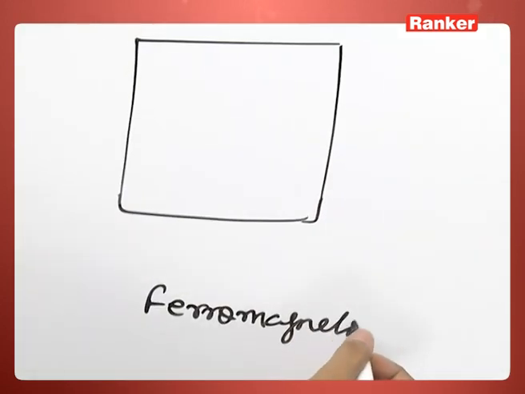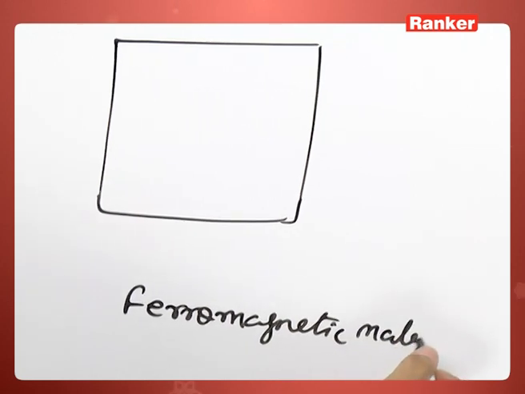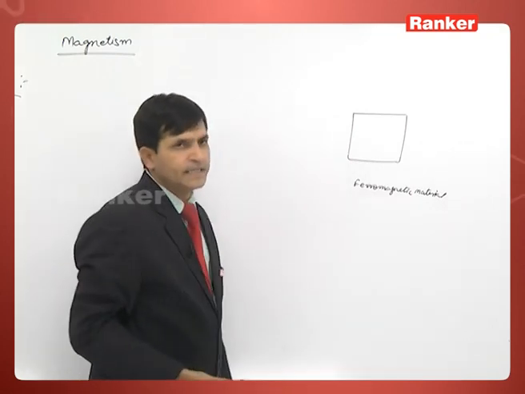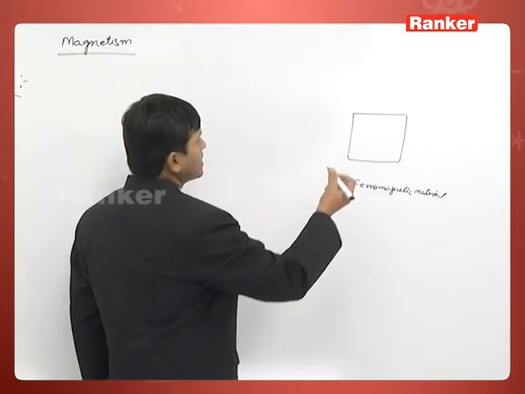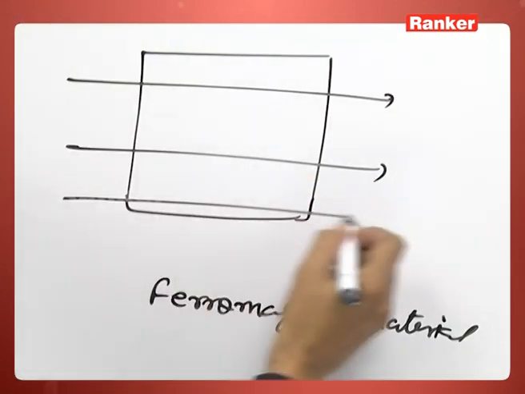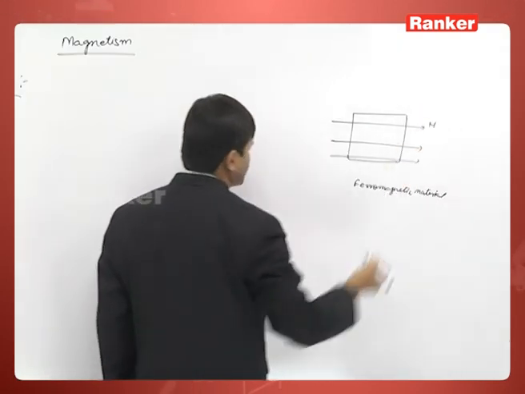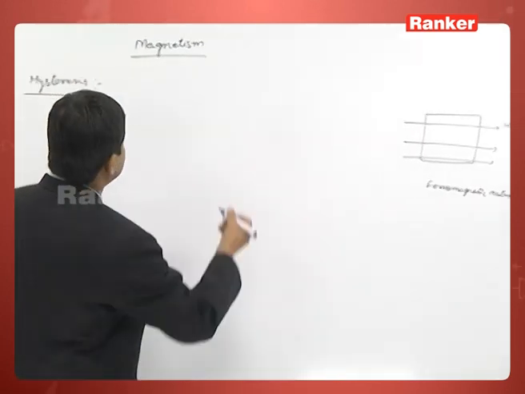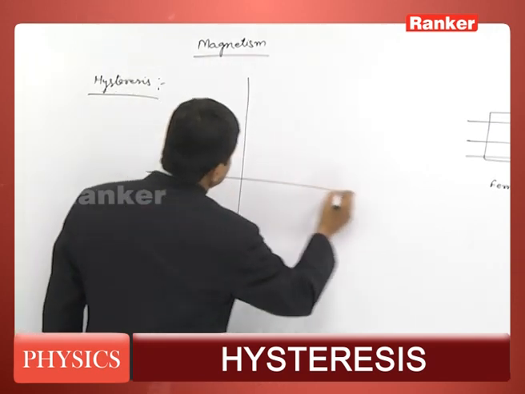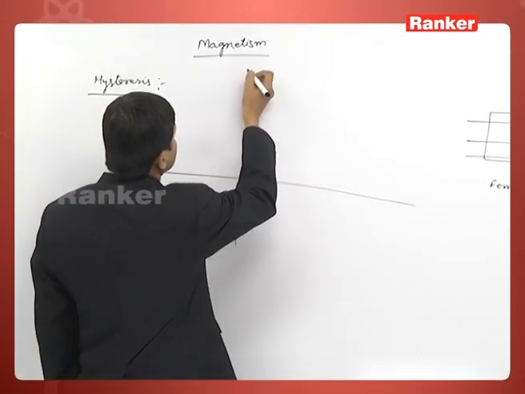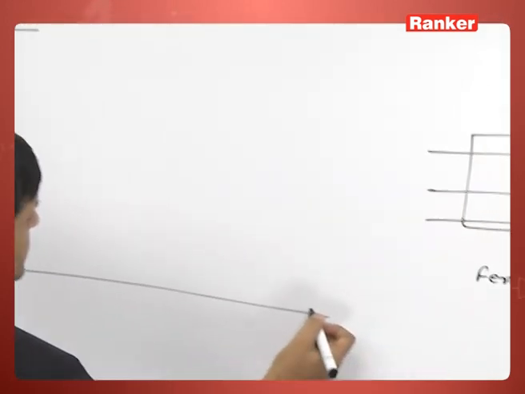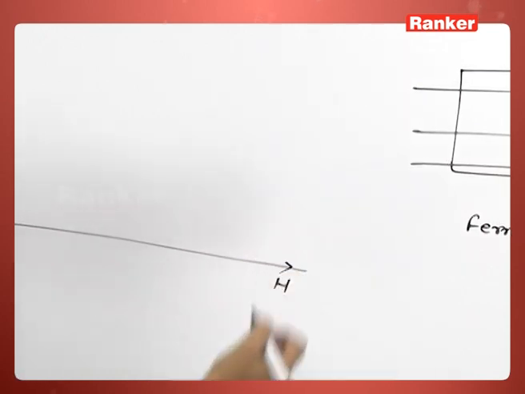Now, when we are applying a magnetic field H, H is a vector. Now see, if we are plotting a graph, let this be the graph of B, the net magnetic field, versus H.